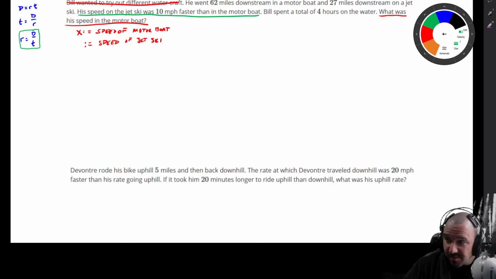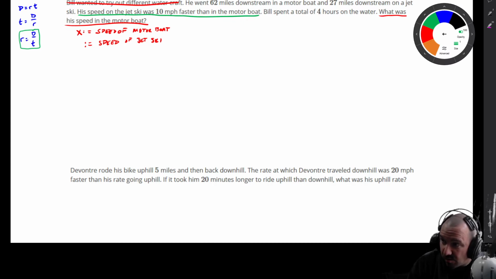What I'm doing is I'm essentially giving you an analogous situation to try to figure out, what do I have to do in order to get there? His speed on the jet ski was 10 miles an hour faster than the motorboat. You would have told me to take 50 and add 10. Okay, that's how you get to 60. The exact same thing happens here.